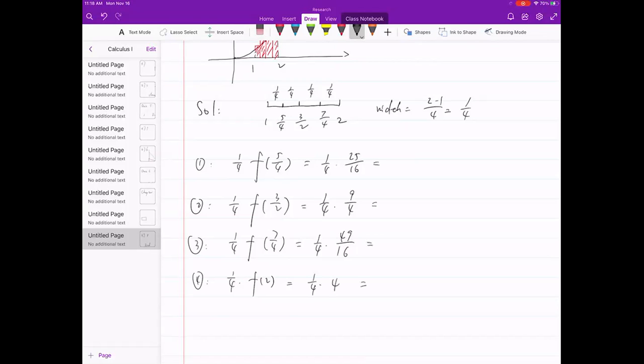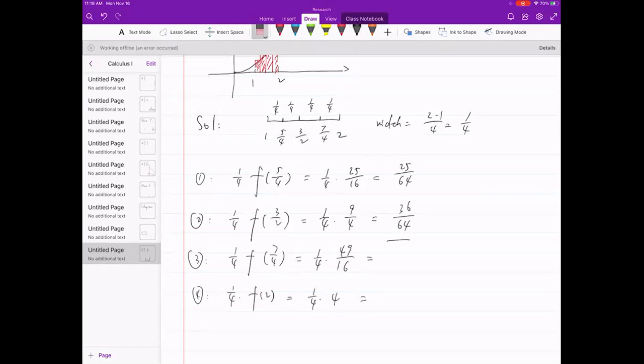To make your computation a little bit easier, because you're going to sum them together, you better make them all to be base 64.